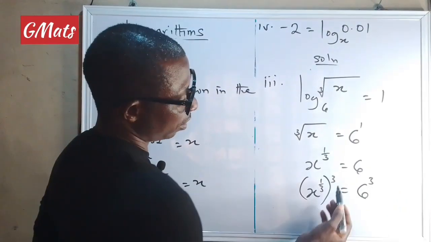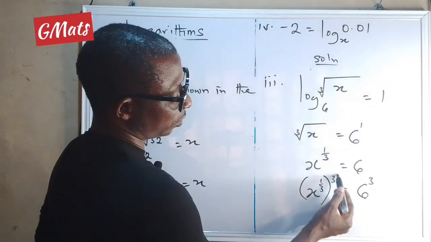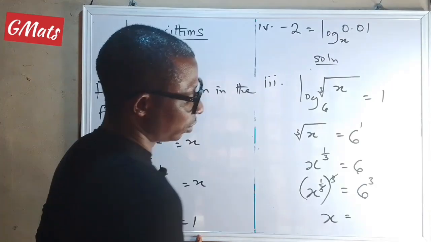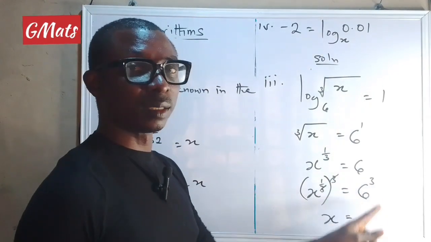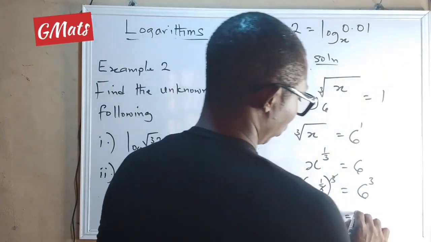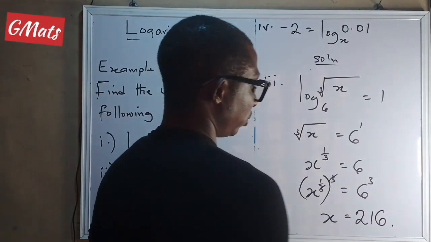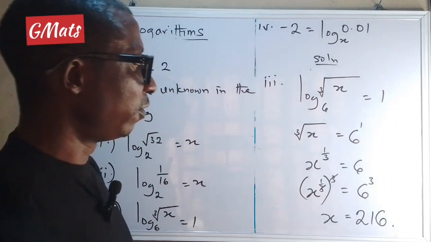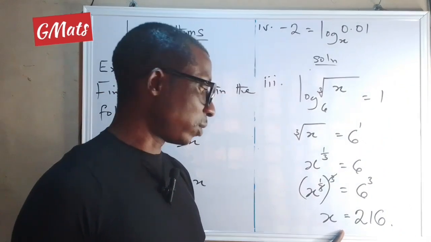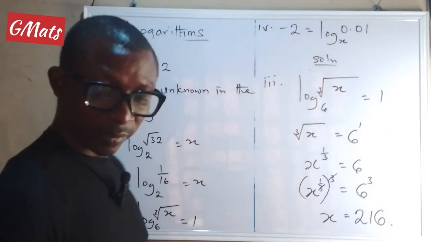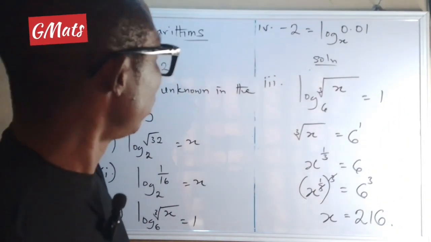So 3 cancels 3, and we have x equals 6 raised to the power of 3, which is 216. So that is going to be the value of x. So x is 216. Now let us look at the last question.